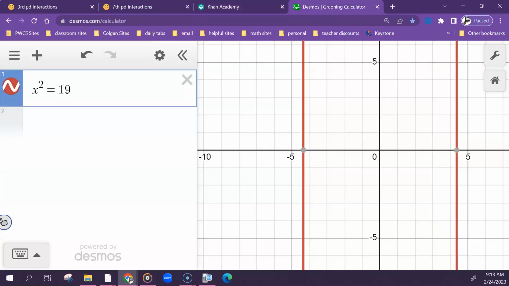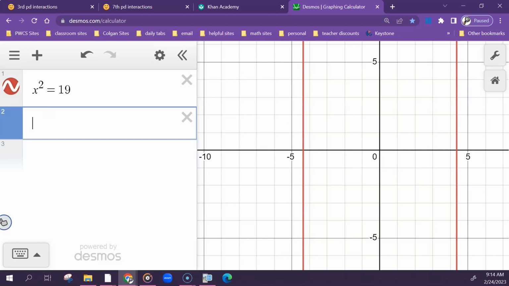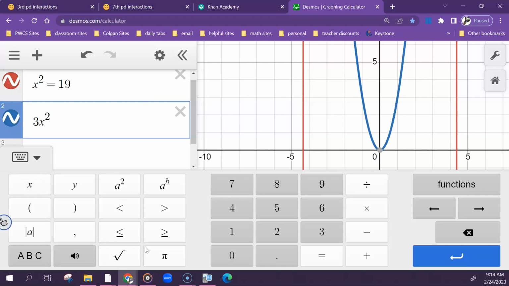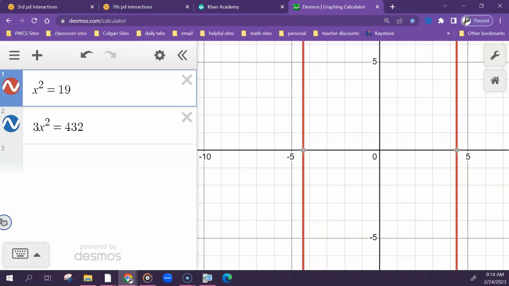But before you do that, if you would like to double check yourself, so not as a way to use this to find the answer, but do the work and then double check yourself, you can put these into Desmos. So this is one we did, x squared equals 19. It will give you those decimals. And that works for all of them as long as you put in everything. So if I chose 3x squared equals 432, it would also tell me what those are.